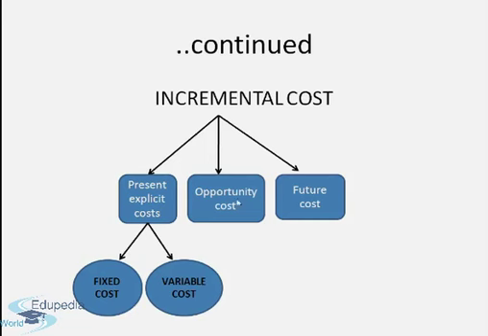Next we come to the opportunity cost. As we have already studied, opportunity cost refers to expected income foregone from the second best use of the resources. Next we come to the future cost. Future cost of a business includes depreciation and advertising cost if the product does not sell as well as expected. Thus, the incremental cost is divided into three parts.